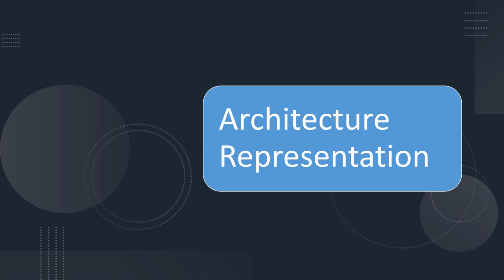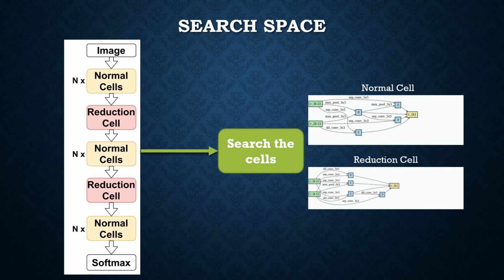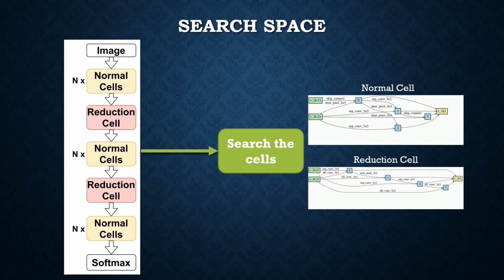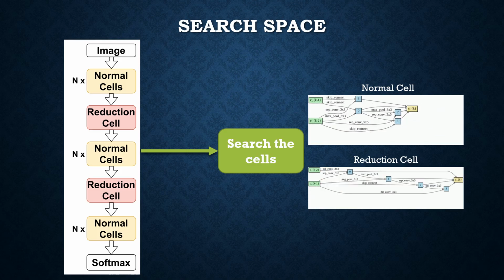So now I will discuss how we are representing the architecture in the search space. So this is the search space of a CNN architecture, and our objective is to design an algorithm that will search for the architecture of the normal cell and the reduction cell.